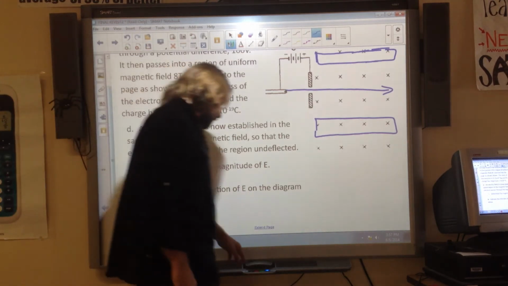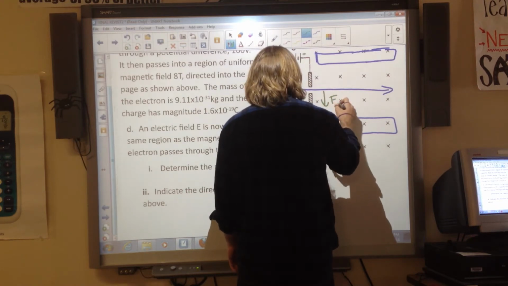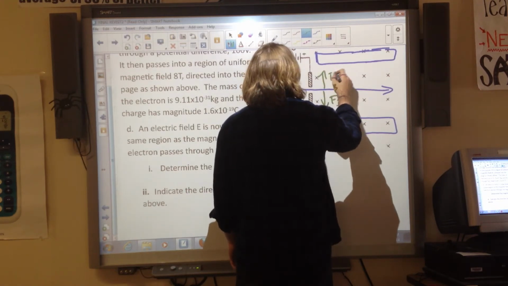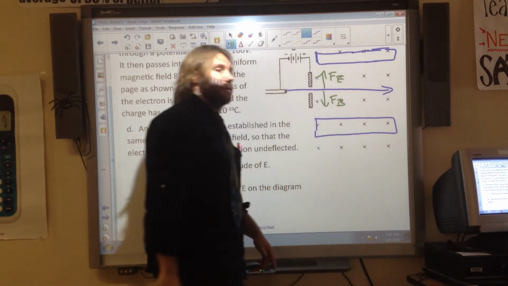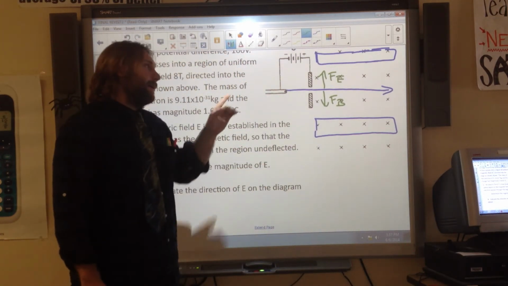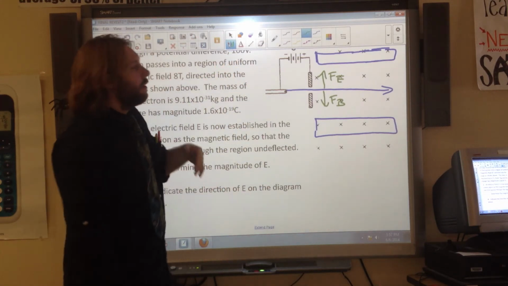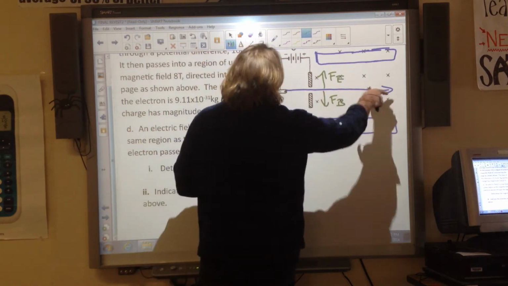Well, the direction of the electric field, we know the electron is getting pulled downward by an FB. So we need a force going upwards. We also need force going upwards that's going to create the electron to move straight.